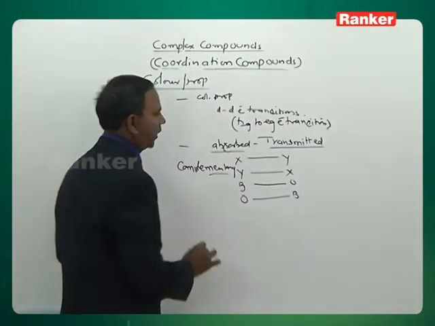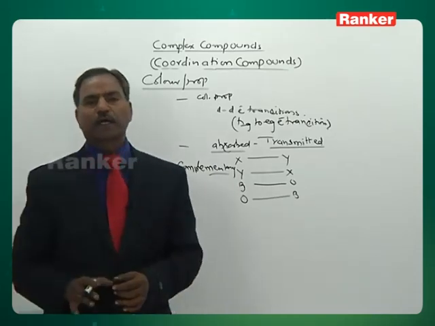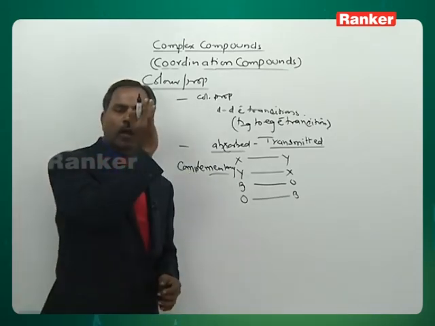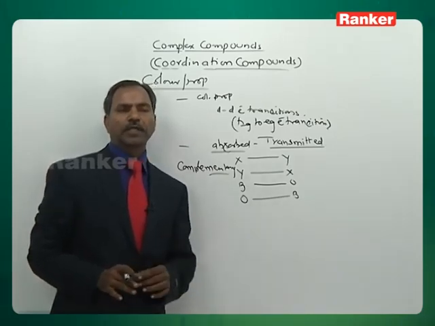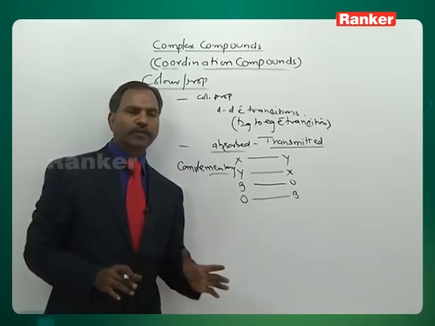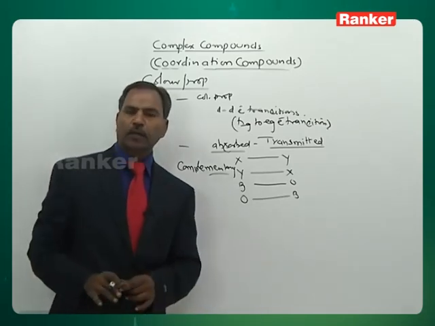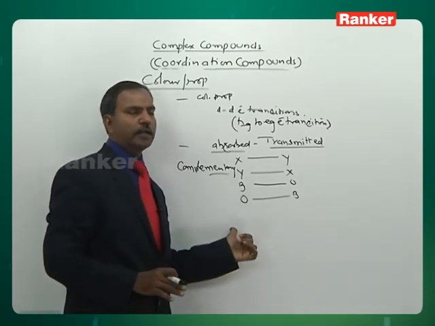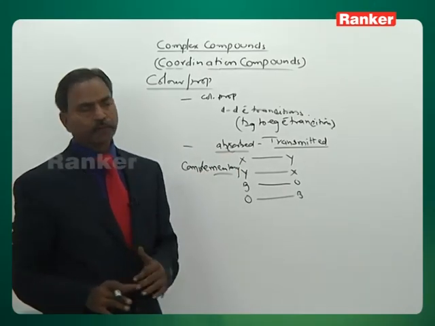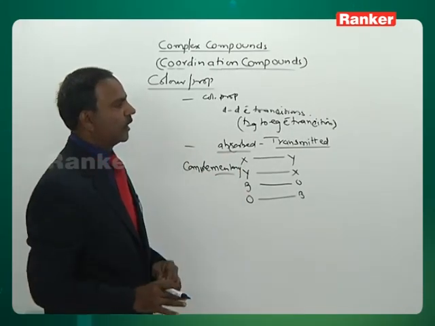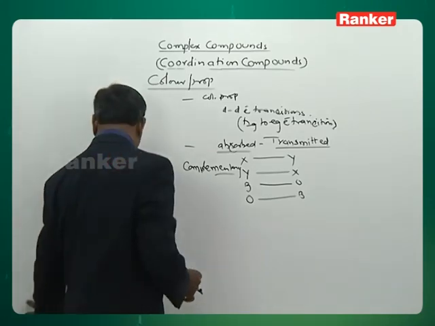Next, what are the factors influencing these color properties? That is very important to discuss. These points were not discussed in d block elements, but here it is again important to discuss the same points. I will repeat once again how the color properties are influenced by different factors.